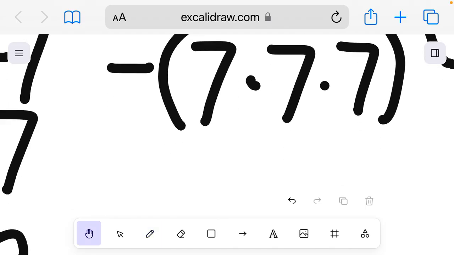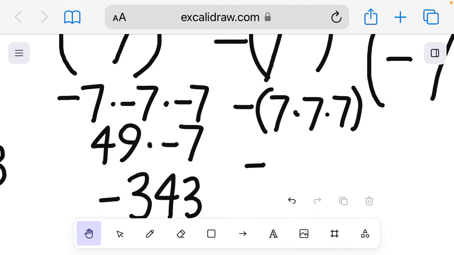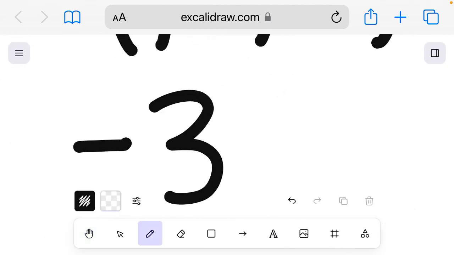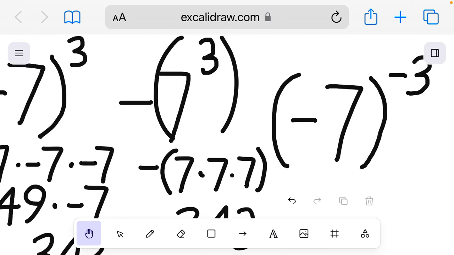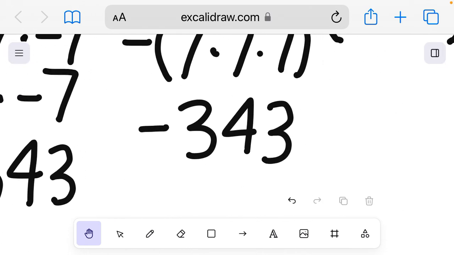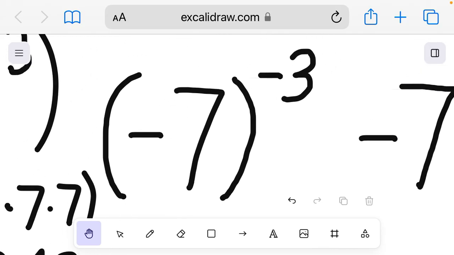Now, what is the answer? Well, you've seen it before. It's 343. So you write 343. That's the answer to this problem: negative 343.